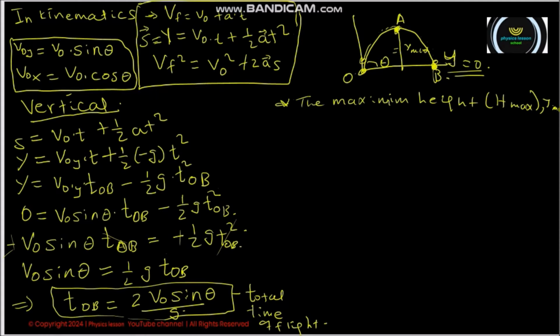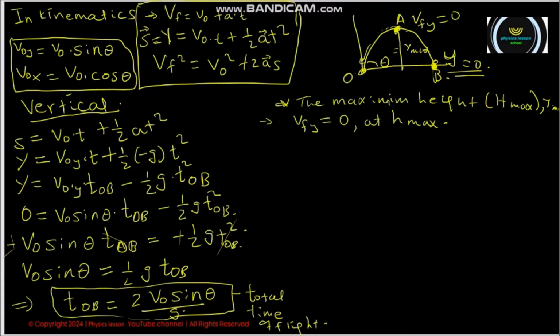At this point, its final velocity across the y is equal to 0. We know that v final across the y is equal to 0 at h maximum. Then it returns down to point B.